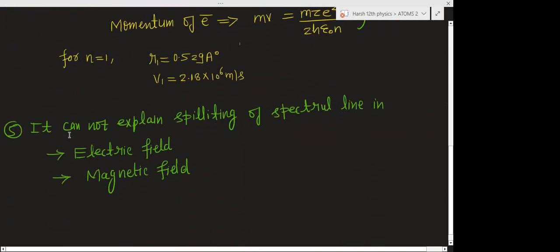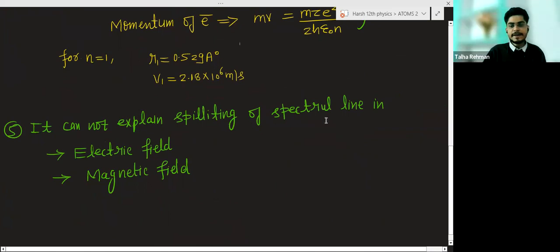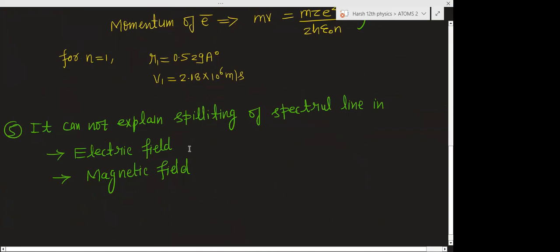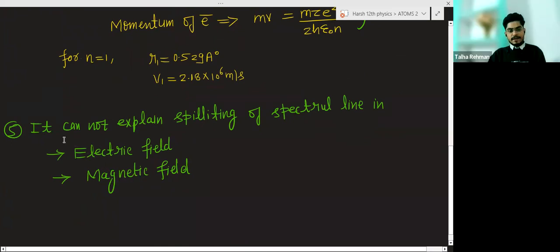After that, it cannot explain the splitting of a spectral line in an electric field or in a magnetic field.